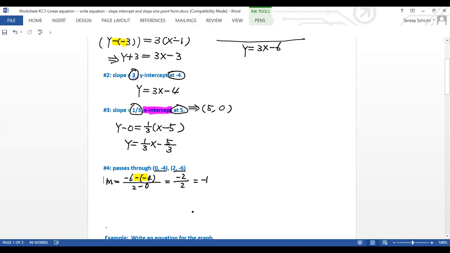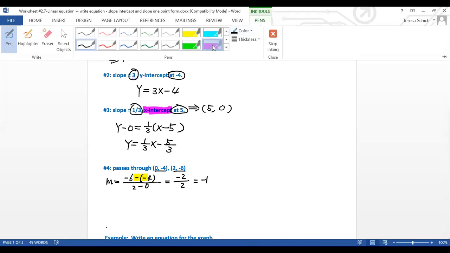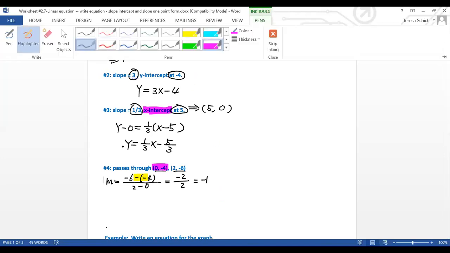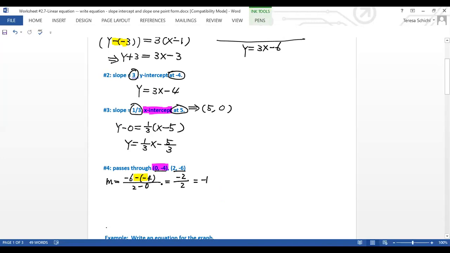After I get the slope, I can choose the slope and one point. In fact, you can choose any point you like, this point or this point, but I prefer to choose this point. Why would you prefer this point? Because this point has a 0. Every time you're dealing with 0, it's easy to do. So now you can say y minus y1, which is -4, right?